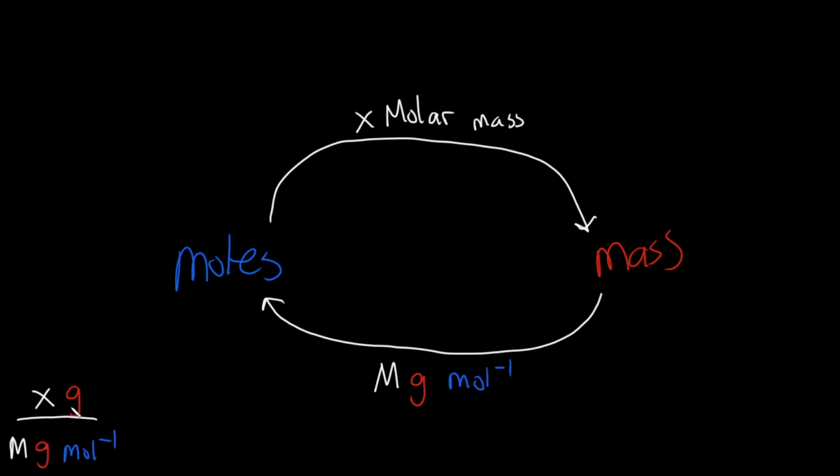Now we see that the unit gram cancels out, so we're left with X over molar mass with units per mole. And just the same as last time, this turns into X divided by M with the units mole. So we now see that we converted mass into moles by dividing with molar mass.